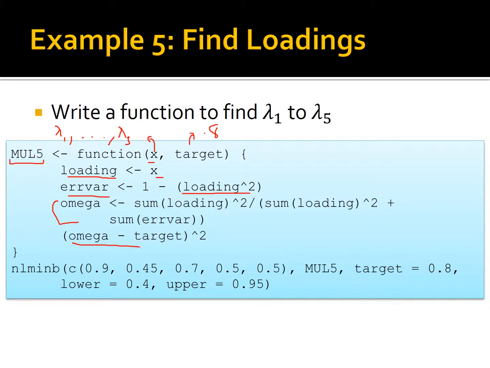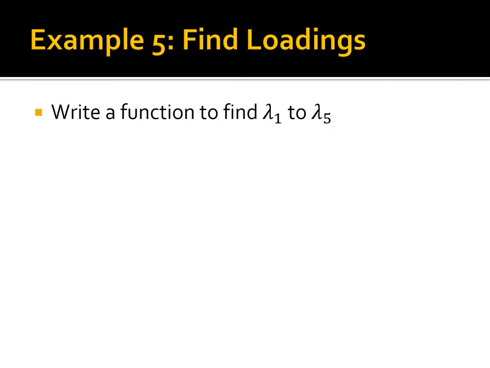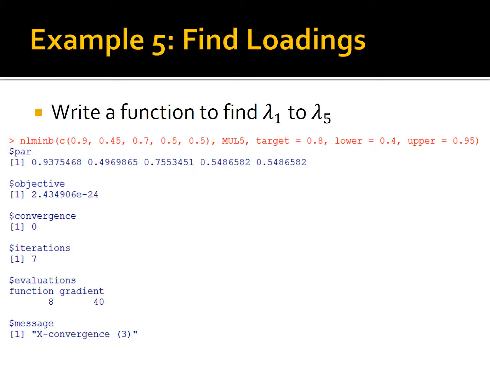We want to minimize the difference between omega and the target reliability, and we square it to make sure that if omega is less than or greater than the target, the value will be greater than 0. So we use nlminb. We provide the starting factor loadings, the function is mod5, the target reliability is 0.8, and the lower and upper bounds of the loading are 0.4 and 0.95. So we get the values over here.